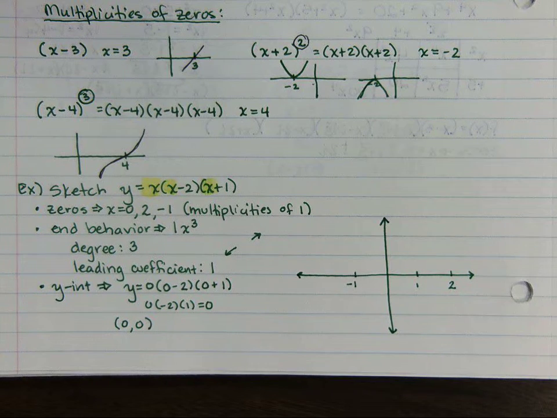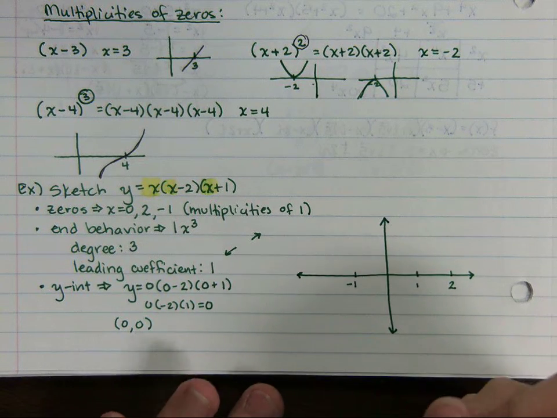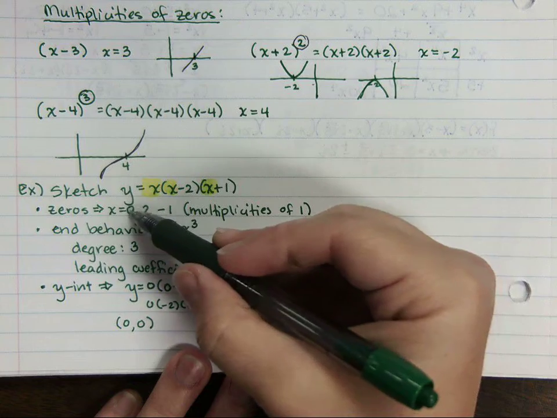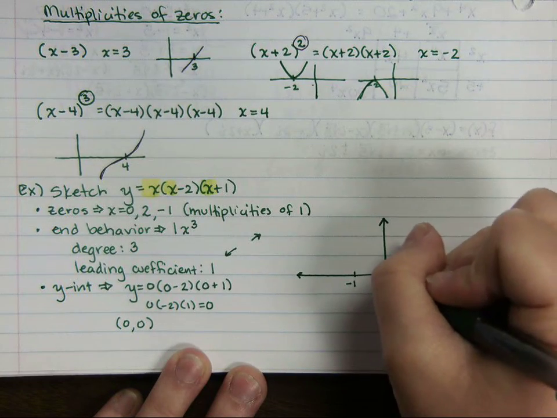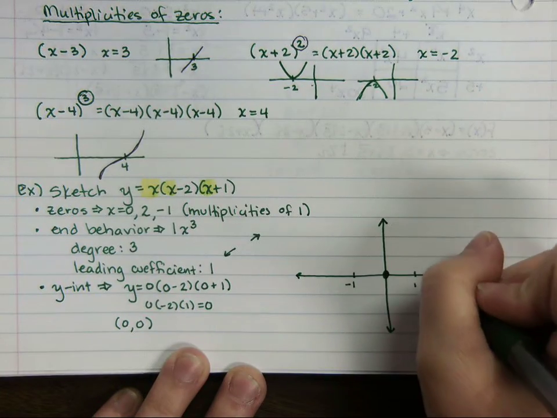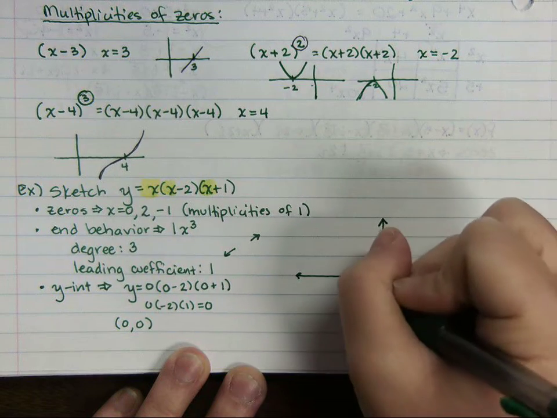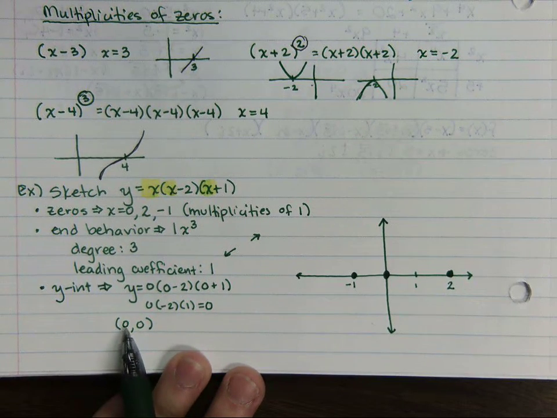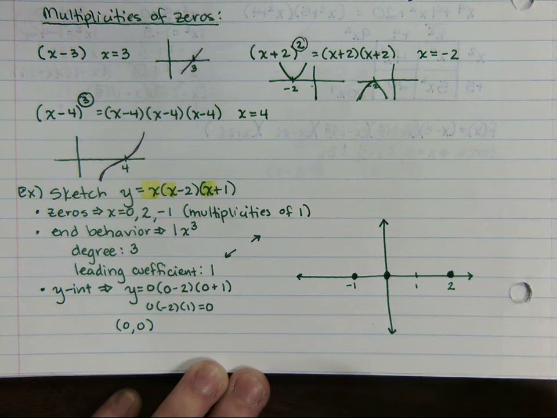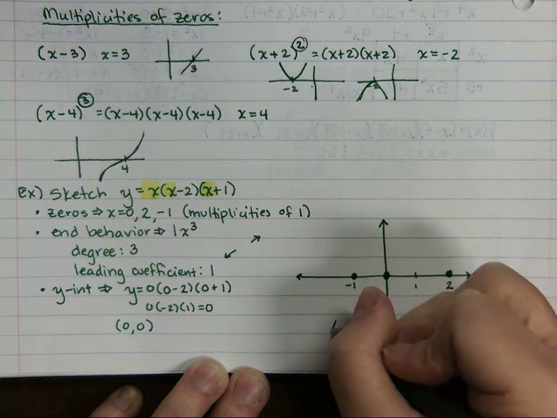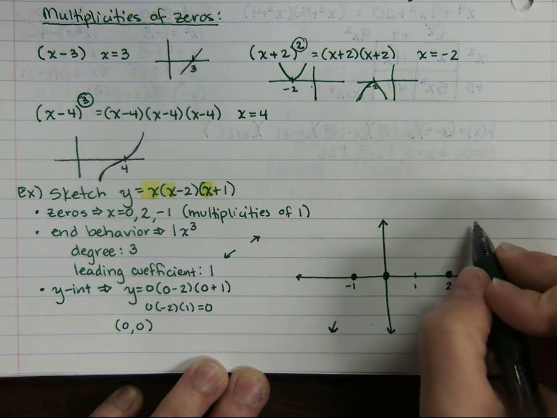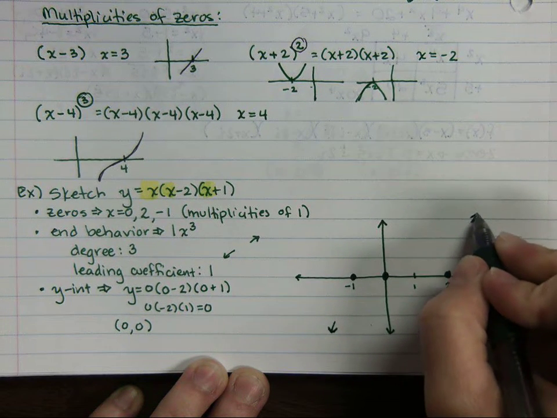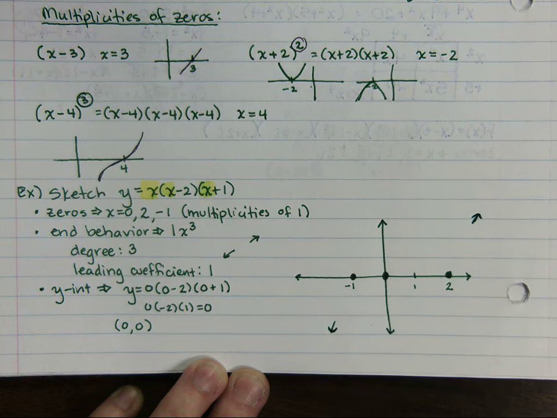What I do know is that the zeros of my graph are at 0, 2, and negative 1. My y-intercept is at 0, 0, which is already listed, so I'm not going to list it again. And my arrows need to be going in opposite directions.